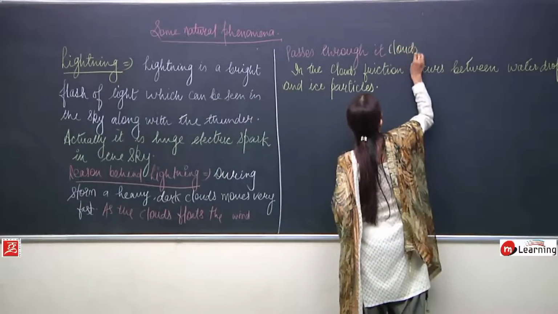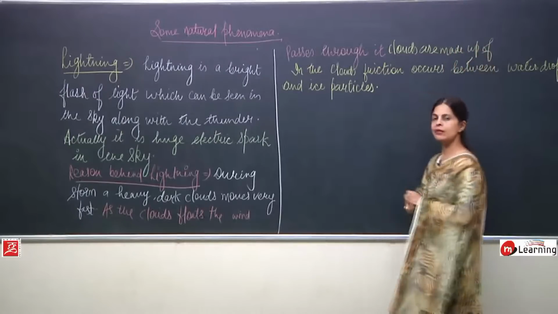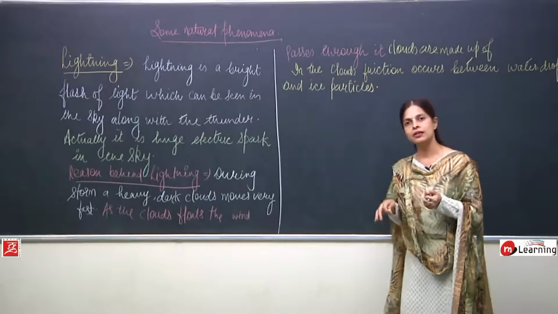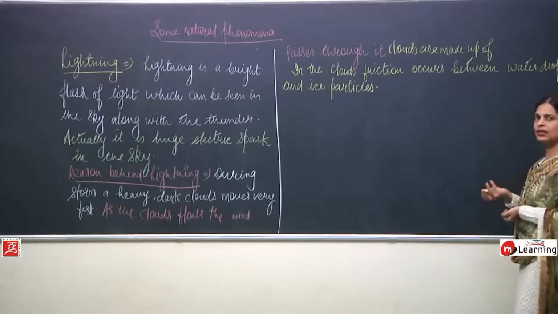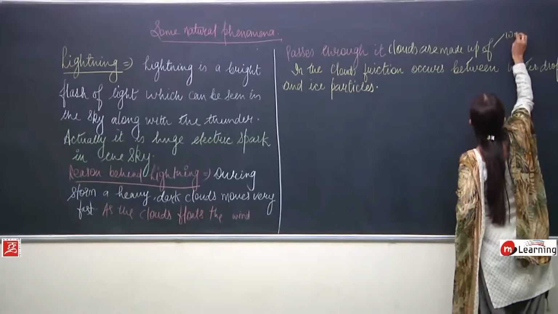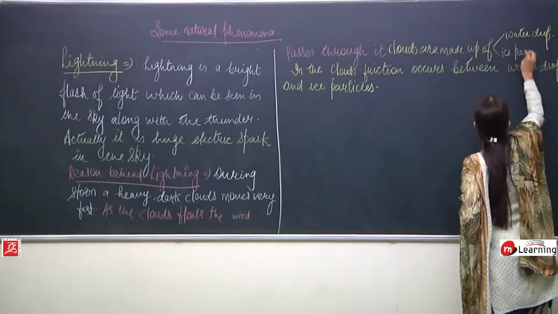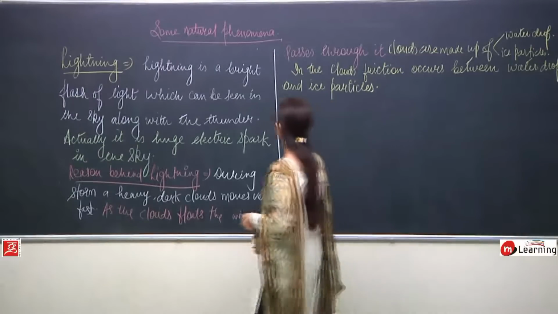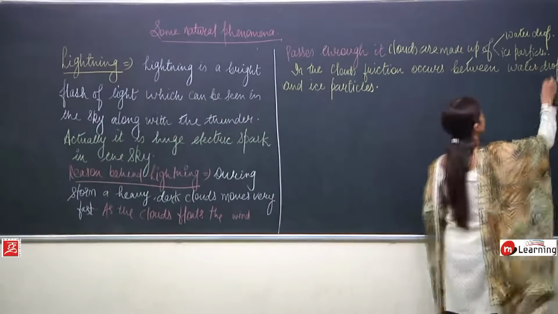Clouds are made up of what two things, children? Clouds have many things, but what we are talking about now is that a lighter particle is there, and a heavier particle is also there. The lighter particle will come on the upper side and the heavier particle will come on the lower side. So I can just write two things: they are made up of water droplets and ice particles. Now the sentence can be completed: clouds are made up of water droplets and ice particles. Full stop over here.